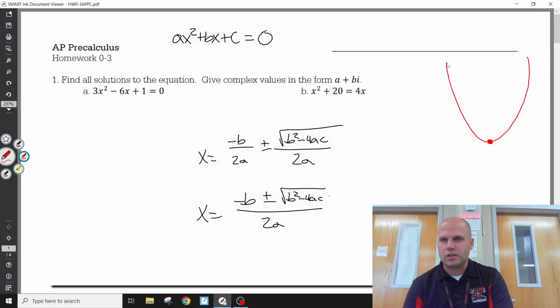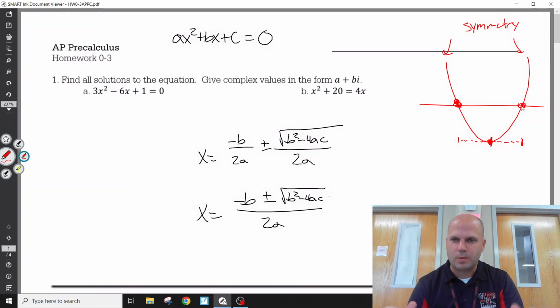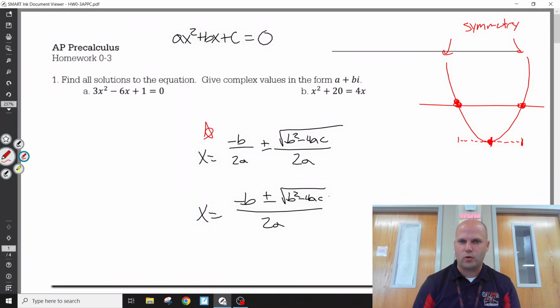And since the quadratic equation has symmetry, if you have one zero, it's going to be the same distance to the middle as your other zero. So I like to see that symmetry in the quadratic formula, which is why I like the top version.